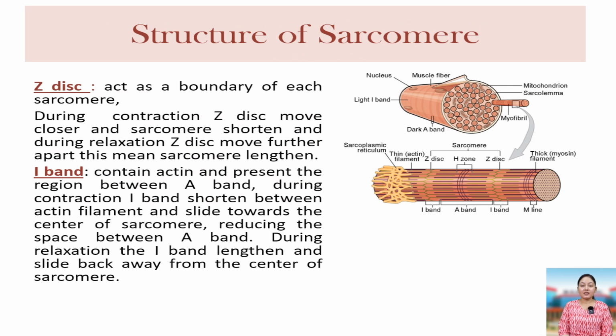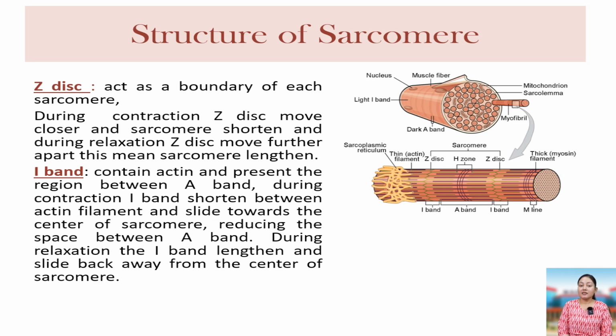In the structure of the sarcomere, there is a Z disc that acts as a boundary of each sarcomere. Now what happens during contraction? During contraction, the Z discs move closer and the sarcomere shortens, and during relaxation the Z discs move further apart. This means there is a lengthening of the sarcomere. Next, the I band.